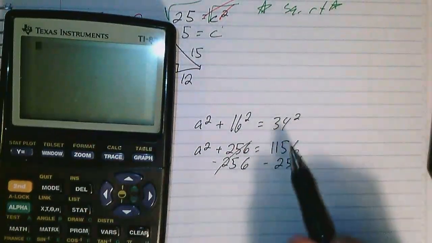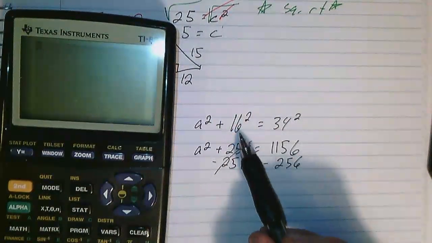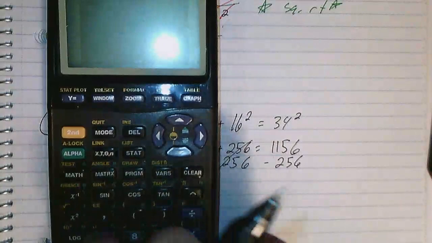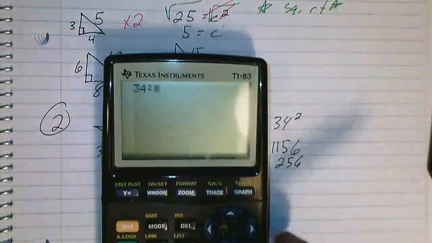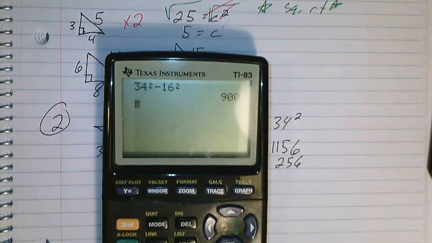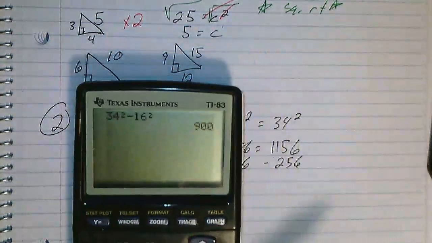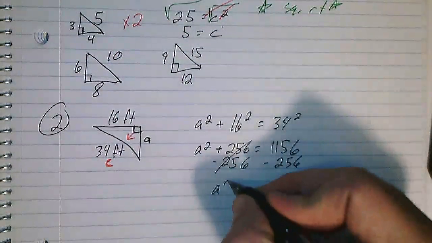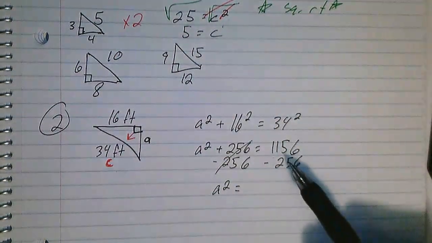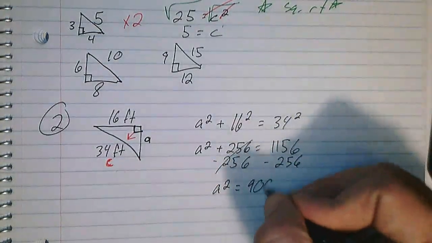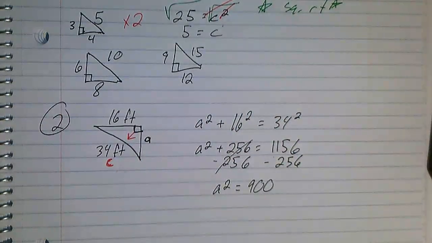What I meant by other ways to do this in the calculator, the easiest way is just to do 34 squared minus 16 squared. Or we can clear out the exponents first, either way. We get that a squared, and here 1156 minus 256 is just 900.